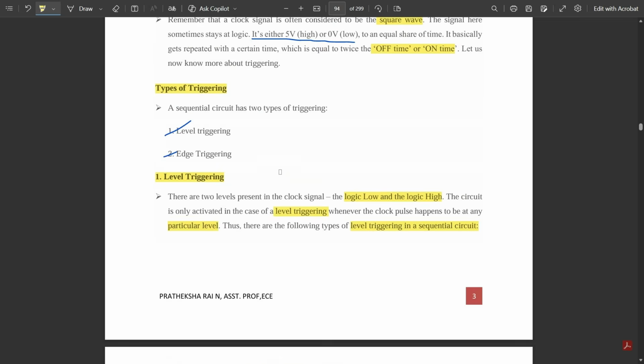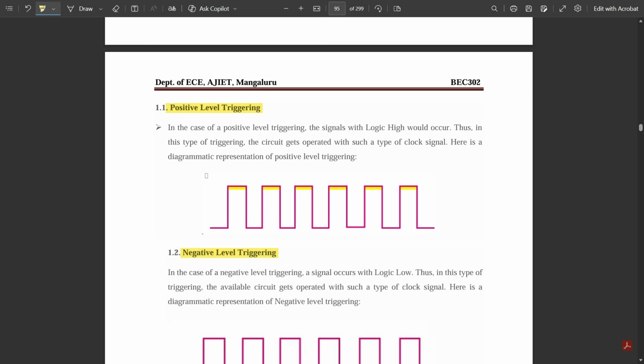Here you see how positive level triggering is shown. In the case of positive level triggering, the signals with logic high occur, and the circuit gets operated with such a clock signal. Here is a diagrammatic representation.